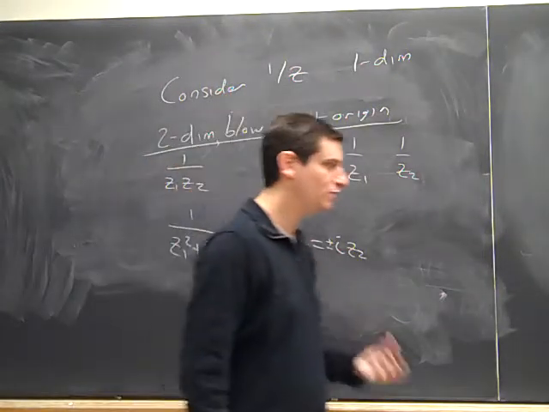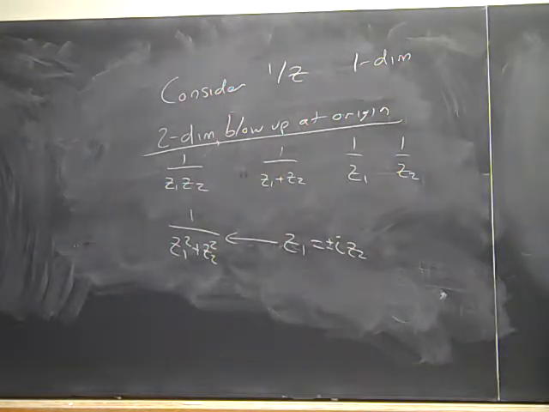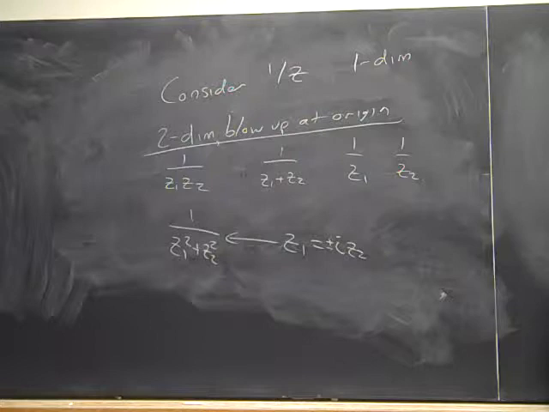So it turns out in several complex variables, if I give you a function on the punctured polydisk that is holomorphic everywhere but the origin, it has to be holomorphic at the origin as well.